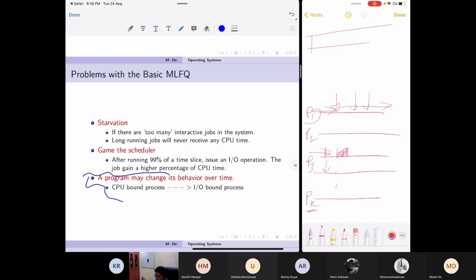Can you tell me some rule change, or maybe some kind of new rule which we should incorporate in this scenario so that we can come out of these problems? For example, let's say we want to come out of this third problem. How to come out of this? Any idea?